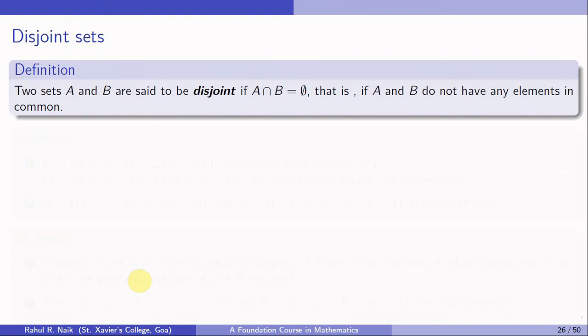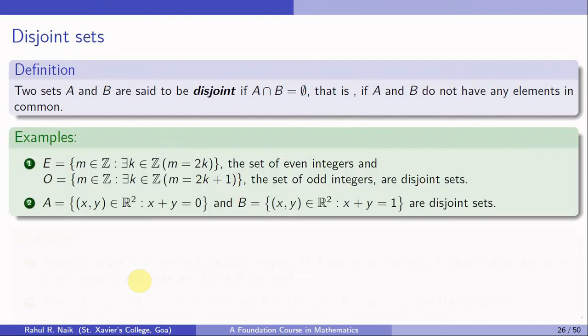The set of even integers is the set of all integers m such that m is a multiple of 2, and the set of odd integers is the set of all integers m in Z such that there exists k in Z such that m can be written as 2k plus 1. So these two sets do not have any common elements. We cannot have an integer which is both even as well as odd.